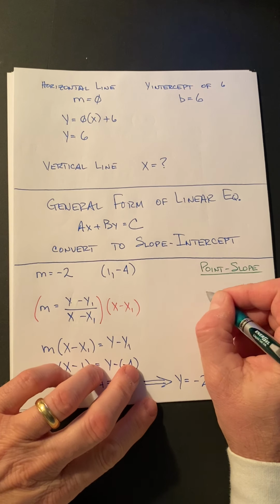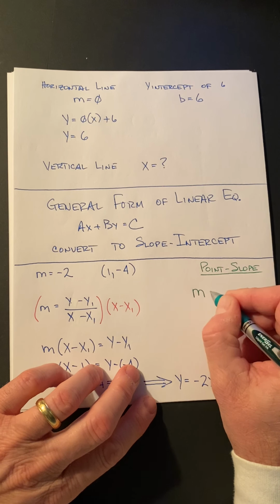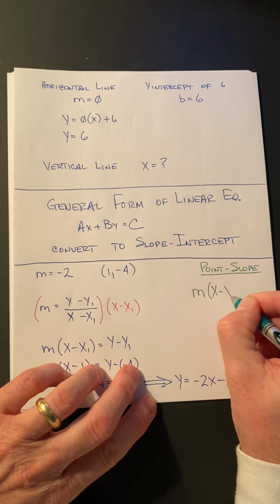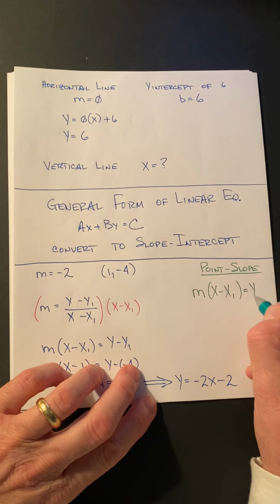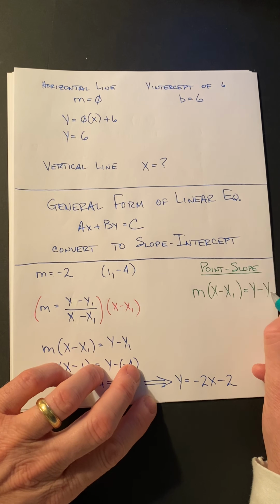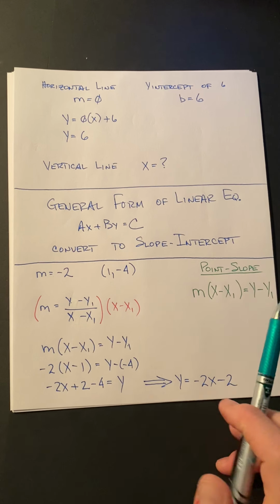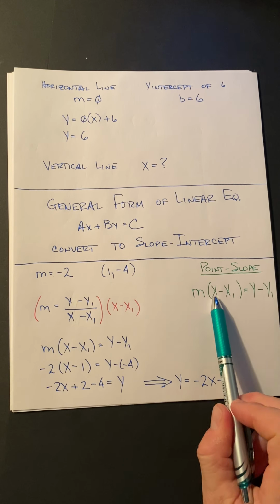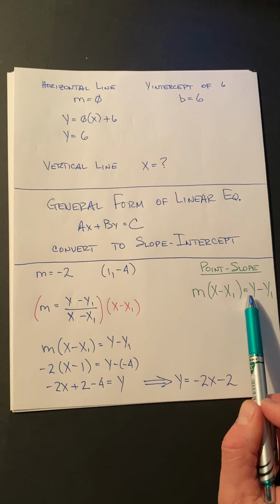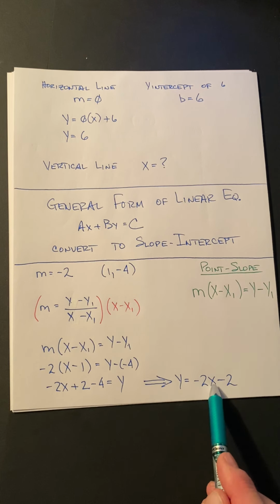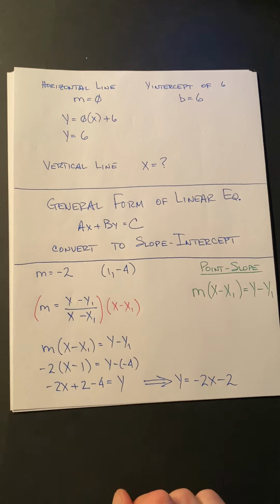So the point-slope formula takes the slope times this x − x1 and this y − y1. Now, it's important to keep in mind that this x and this y are not points. They are the variables that you're going to end up with in your equation.